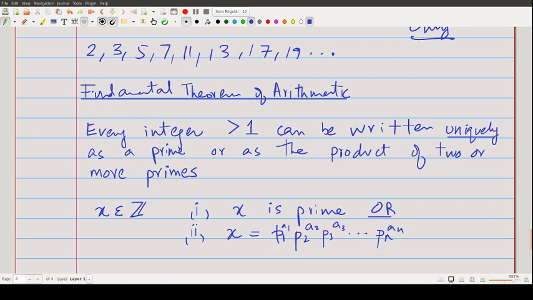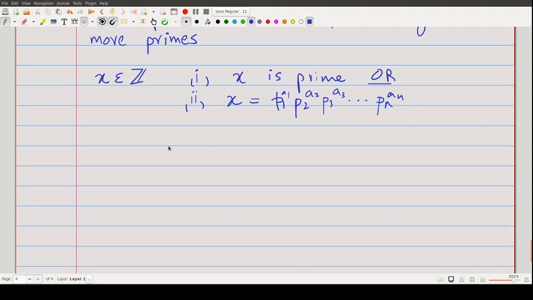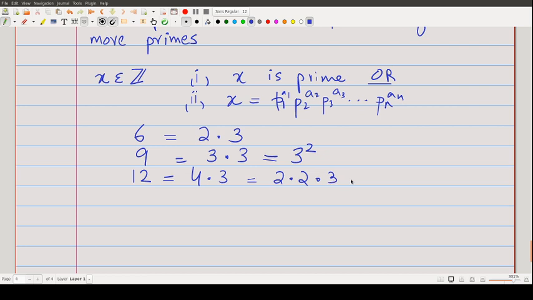And the reason why I've put powers here is, for example, let's look at some number 6. So 6 can be written simply as 2 times 3. Let's look at 9. 9 can be written as 3 times 3. This is a product of primes, and actually it's 3 to the 2. If you look at 12, 12 can be written as 4 times 3, which is basically 2 times 2 times 3, which is 2 to the 2 times 3 to the 1.